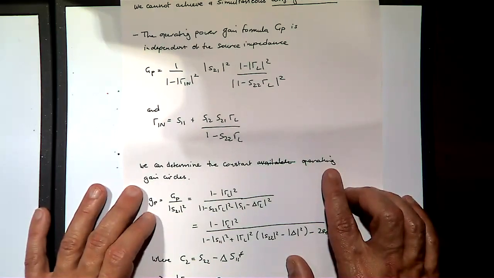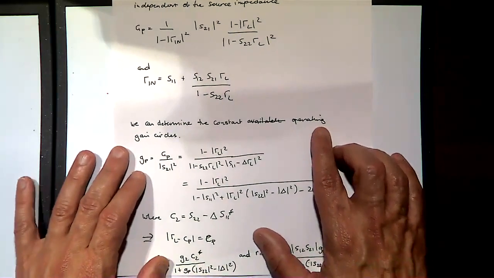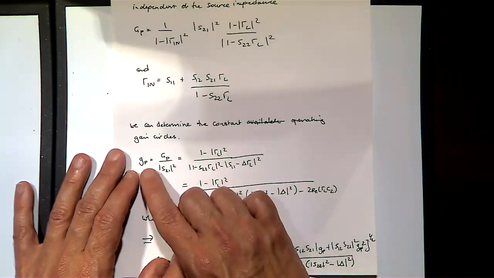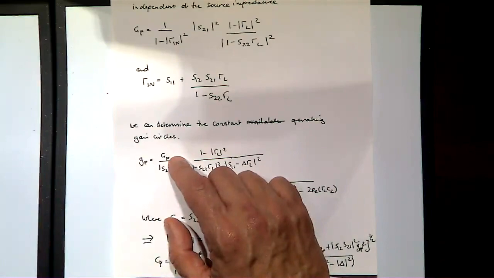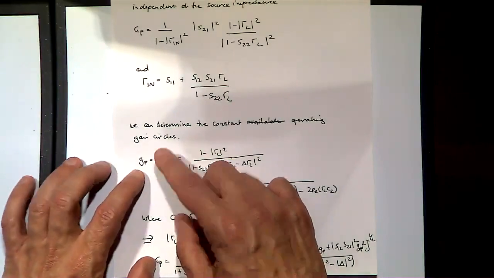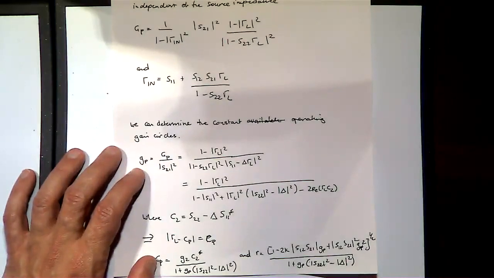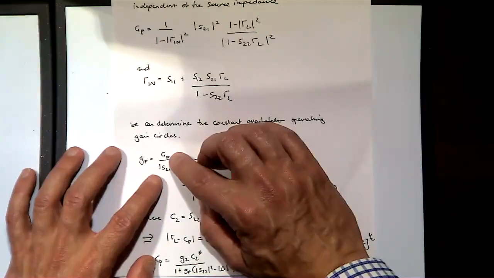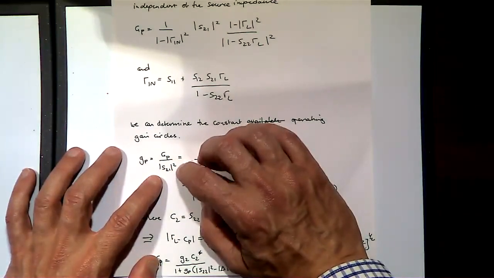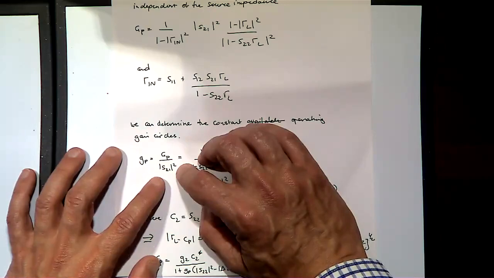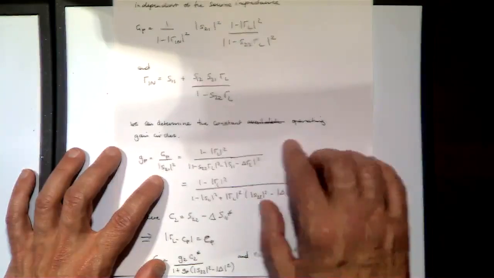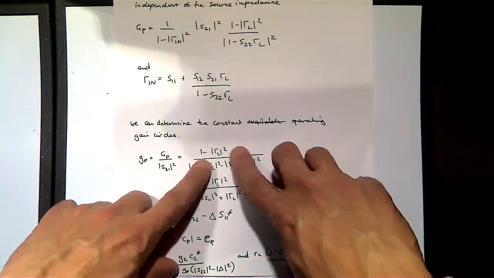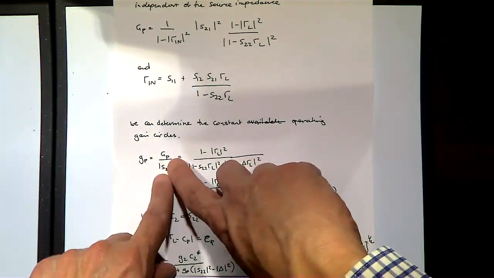Like we did in the previous sections, we define this concept called GP, little GP, which is the ratio of the gain that we want to achieve to S21 squared. That's its definition.